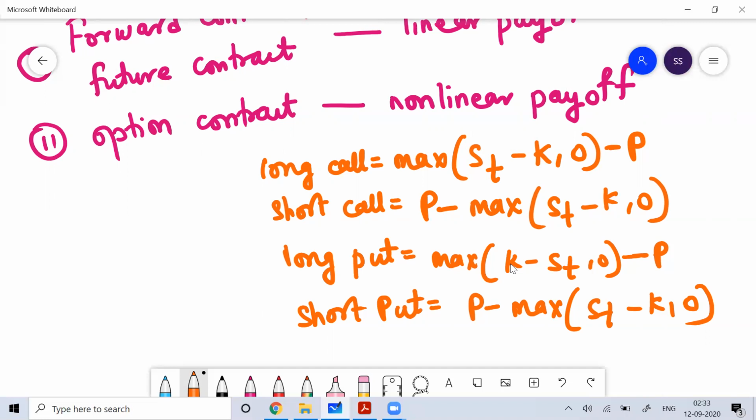Okay, so whenever I'm talking about option contracts which trade on the exchange, such option contracts are called plain vanilla option contracts.